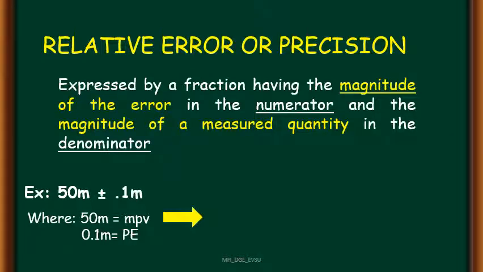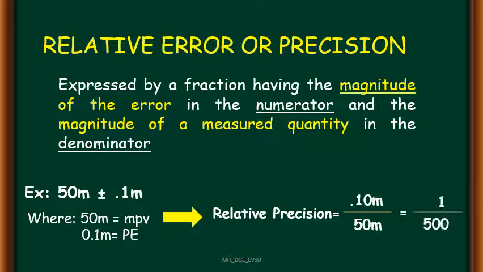Paano natin siya gagawing relative error or relative precision, your RP? So, yung ating numerator again, by definition, is yung magnitude ng ating error. Ang denominator niya is yung measured quantity. So 0.1 over 50 meters. To simplify this one, to cancel out meter, because your relative error is unitless, so your 50 divided by 0.1, so magiging 50 multiplied by 10, this is 500.